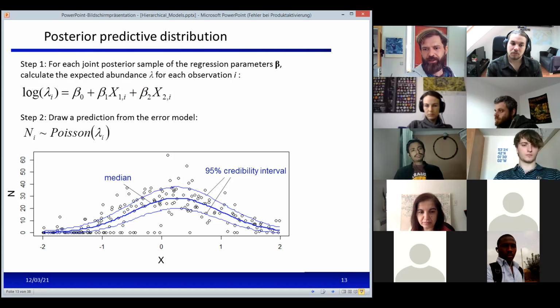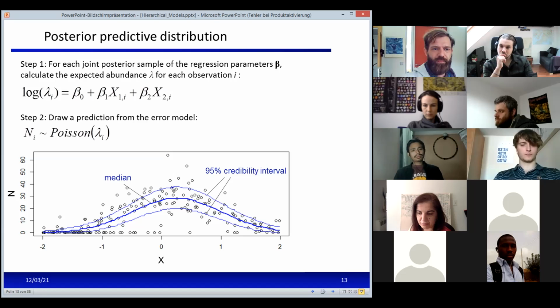That then gives me for each observation a sample from the predictive posterior, which I in this case have depicted here. So across all observations, the median of the predictive posterior distribution for these observations, and the 95% credibility interval. So the two thin blue lines are the 2.5% quantile and the 97.5% quantile of the sample from this predictive posterior distribution.